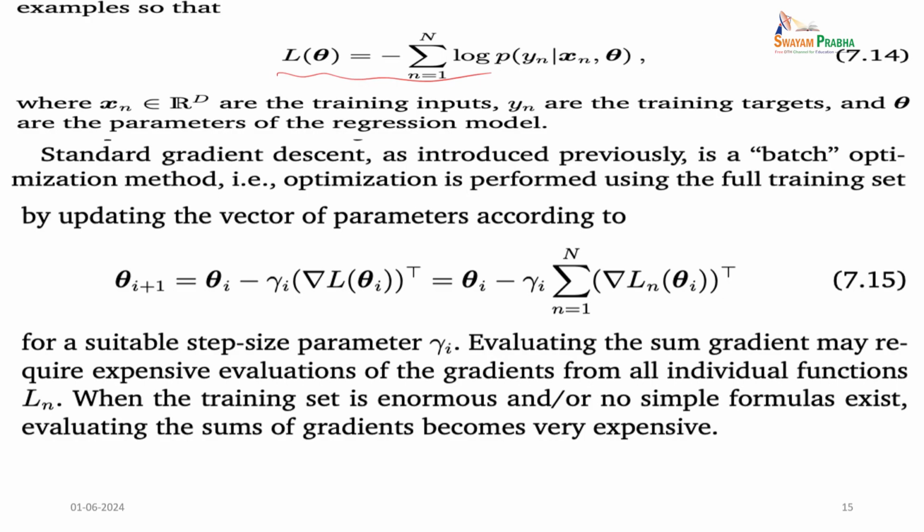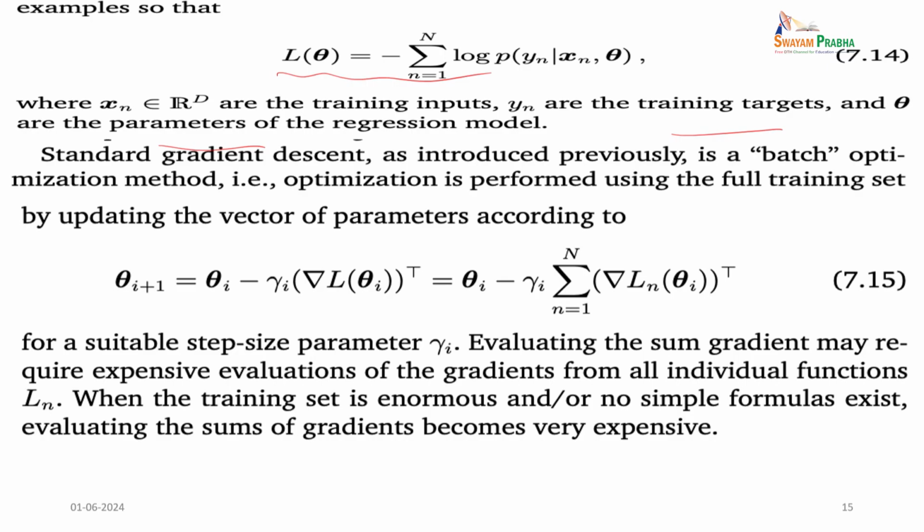Here xn in R to the power d are the training inputs, yn are the training targets, and theta are the parameters of the regression model.